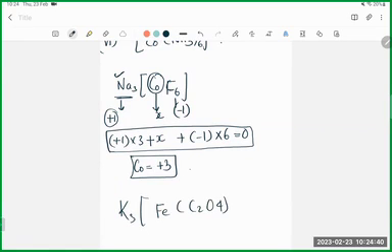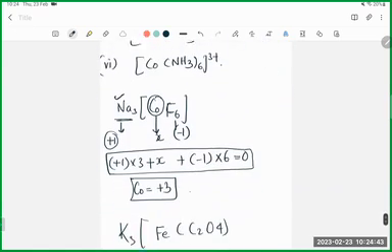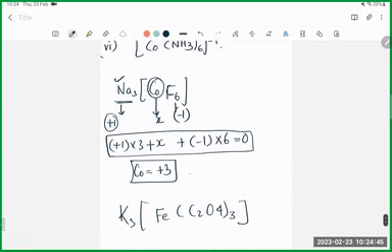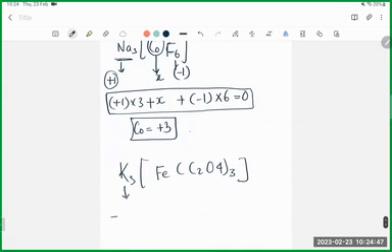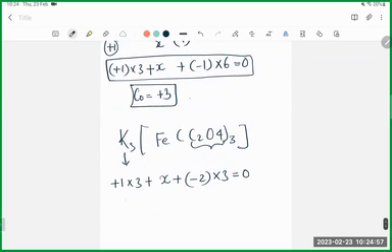The next one, which you are not able to understand, is exactly the same. K3[Fe(C2O4)3], correct? C2O4 whole 3, and then inside the entity. So potassium is +1 into 3, iron let it be X, oxalato -2 into 3, equal to 0. Are you understanding? So it is +3 plus X minus 6 equals 0.